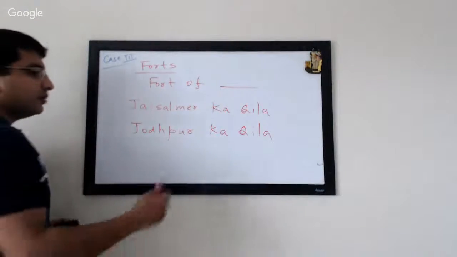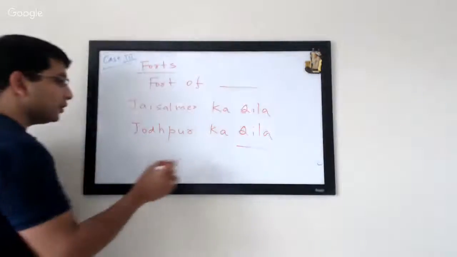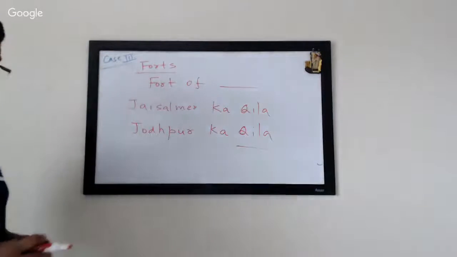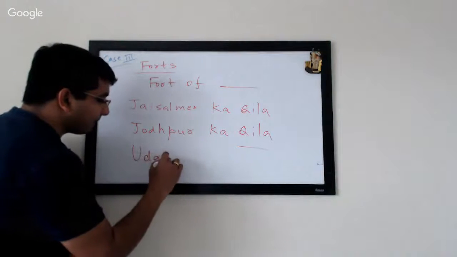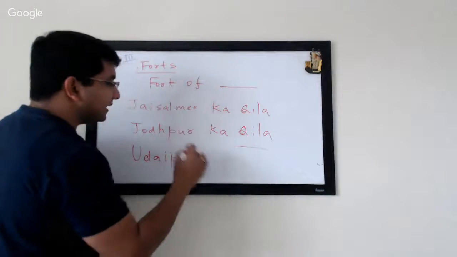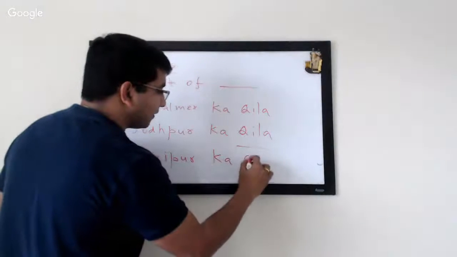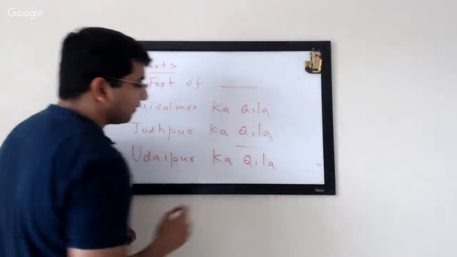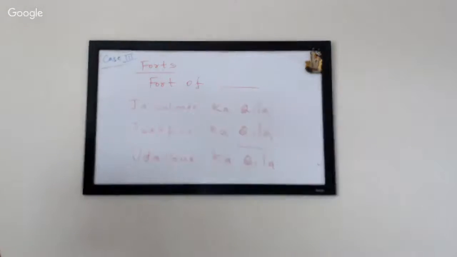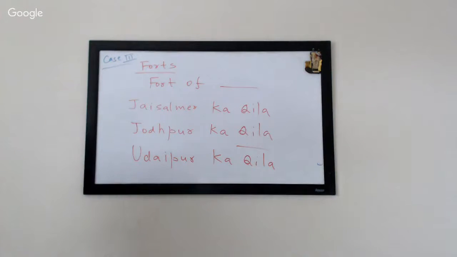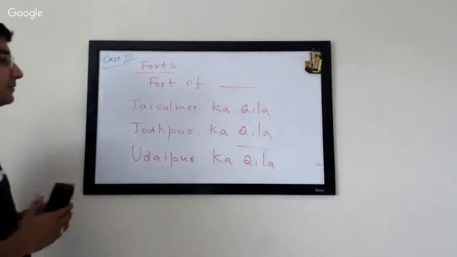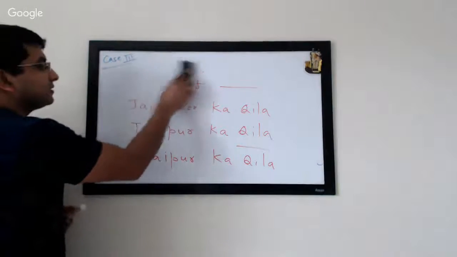Again, it's a postposition, so it'll come after. Or maybe Udaipur ka kila. Again, all these are places. And even with the name of the city, it will still help you, right? So I hope this is clear.